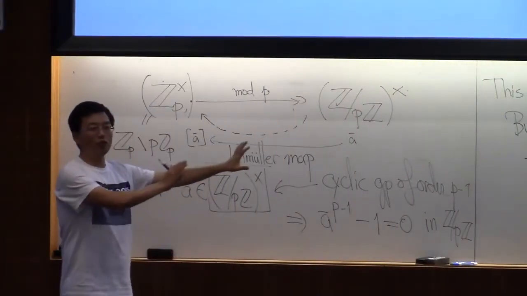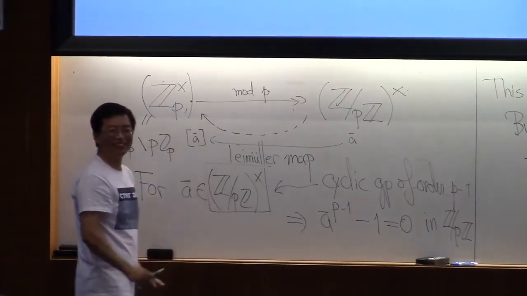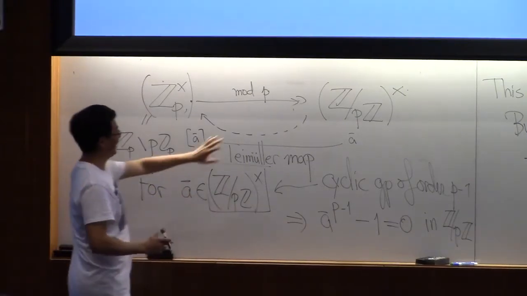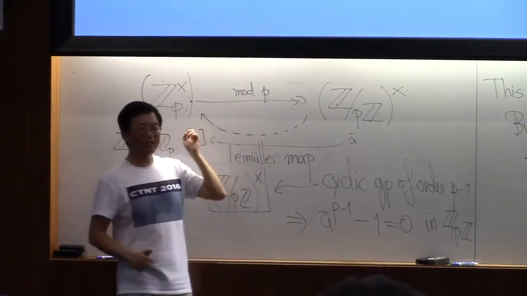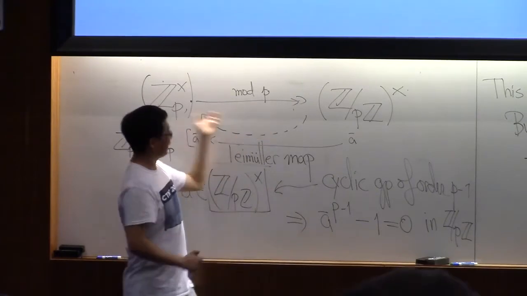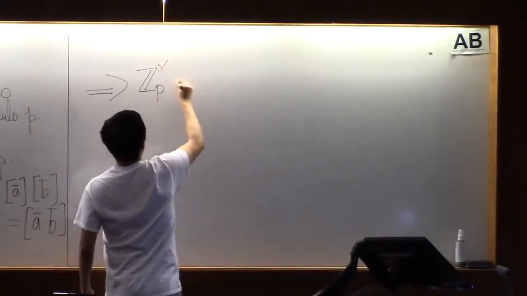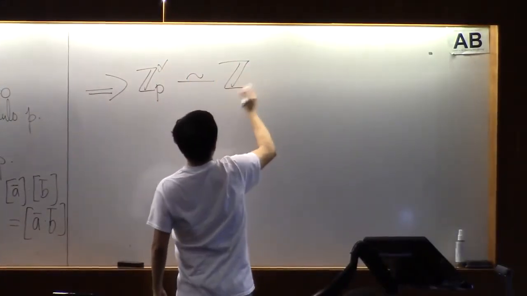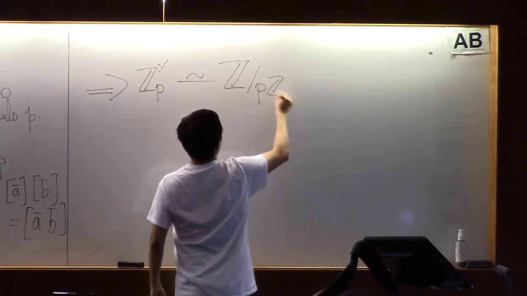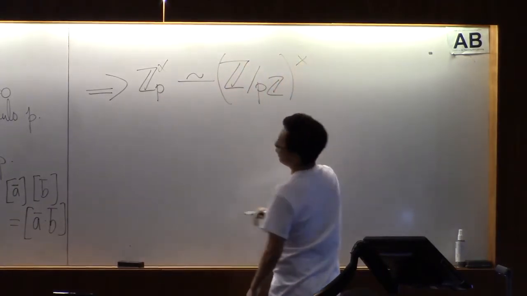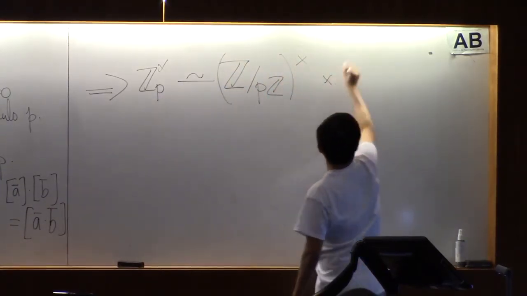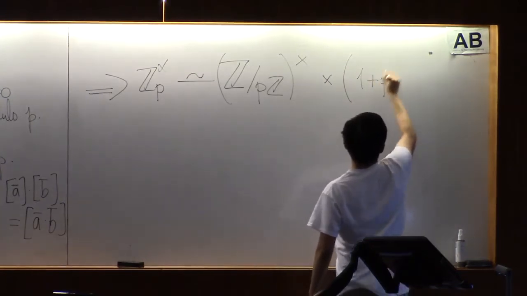Right, now everything's commutative, we're safe. So going this way is actually a group homomorphism, so I can actually split off. This would imply that Z_p^× is this part times the kernel of the reduction mod p.